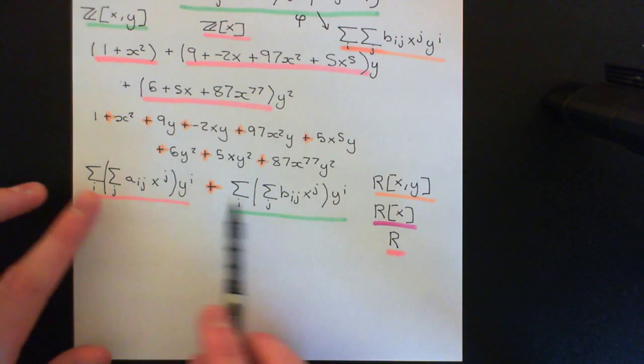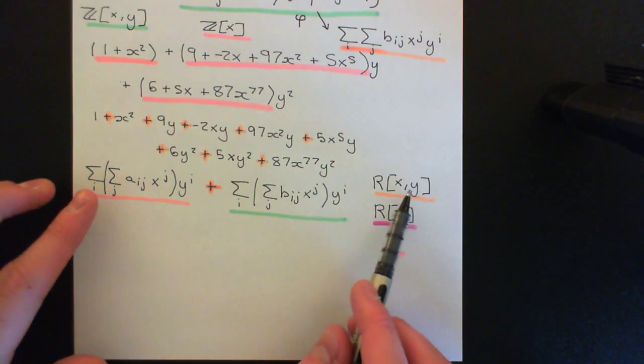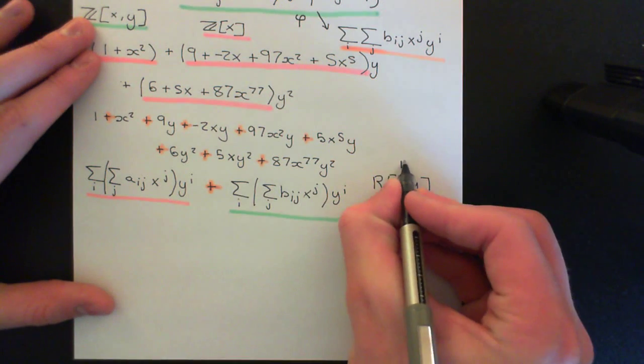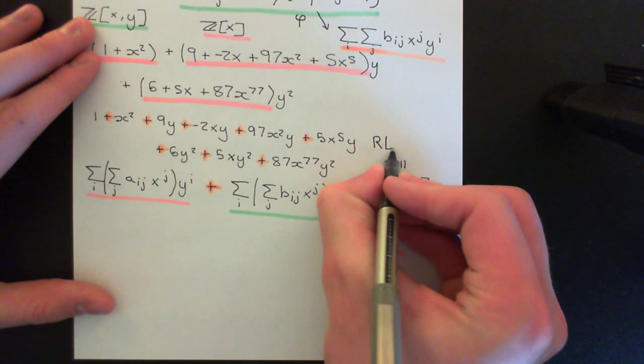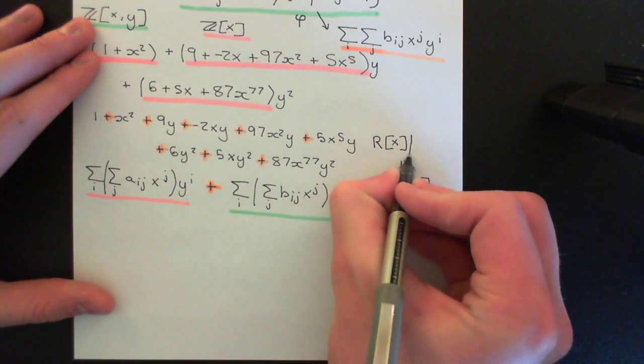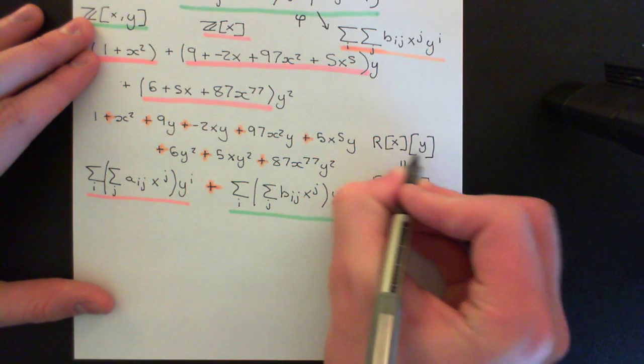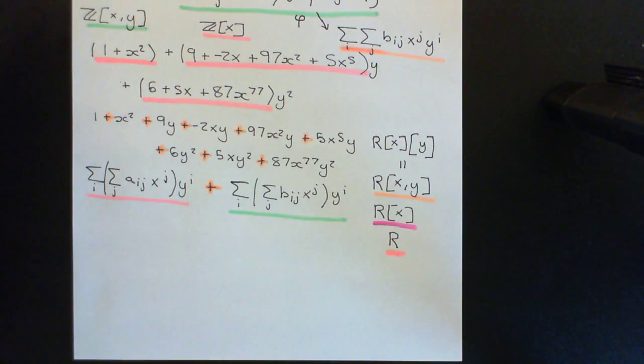Well, by definition, how do you add two polynomials together? Remember this ring of polynomials in two indeterminates is defined to be the ring of polynomials in the indeterminate y, where the coefficients are these polynomials in the indeterminate x.